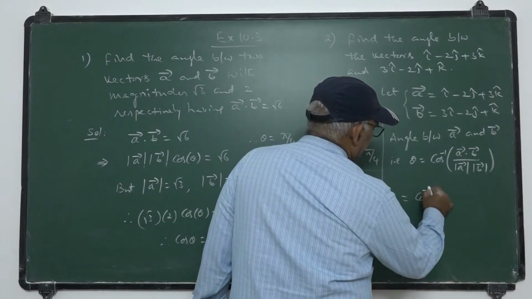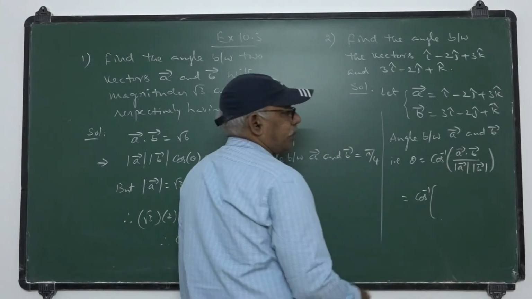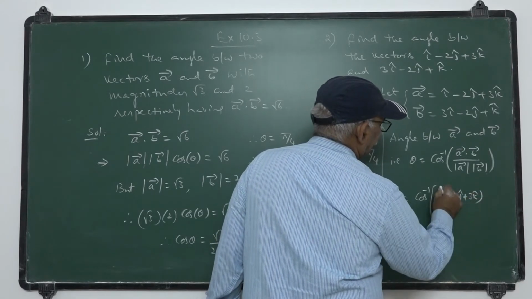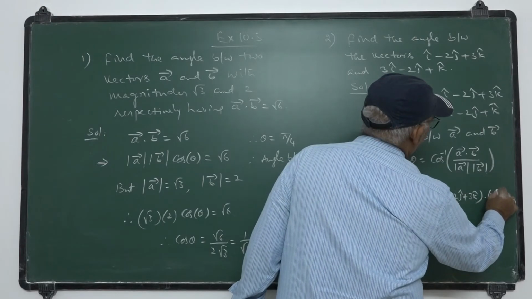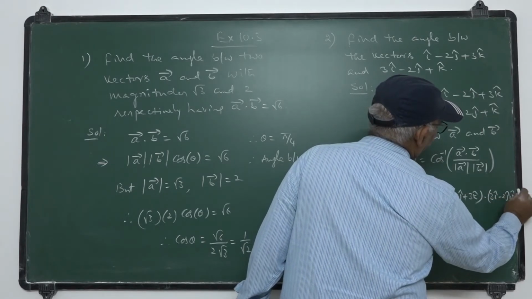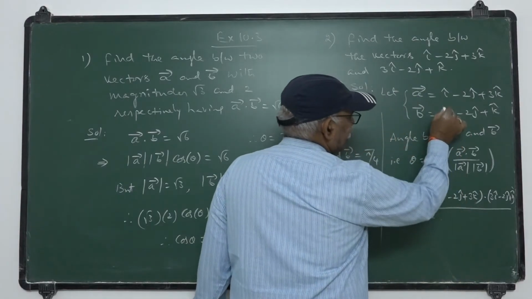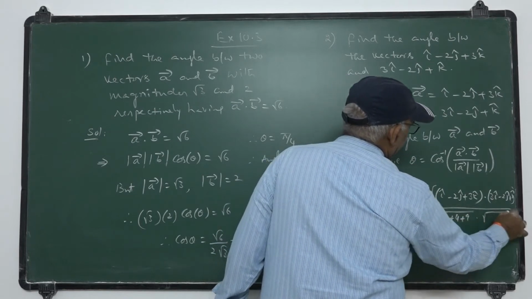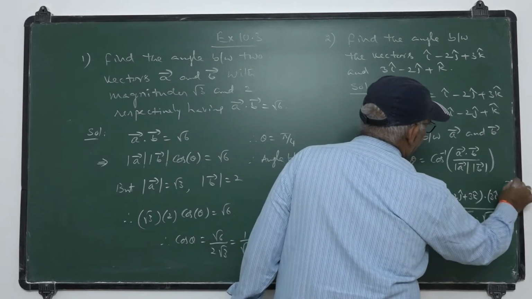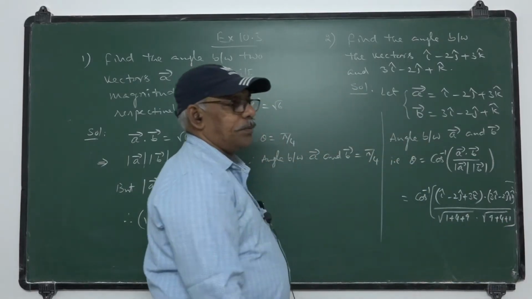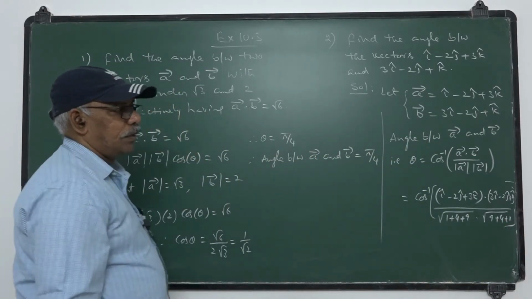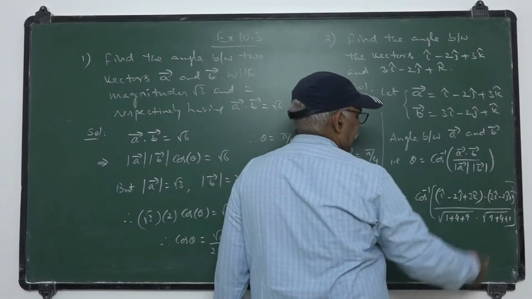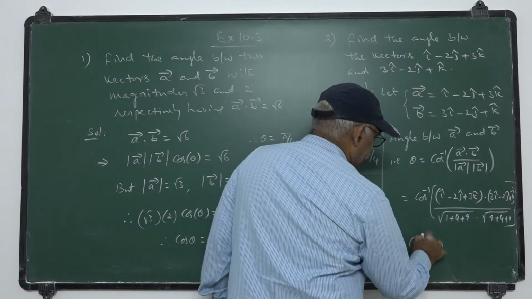That is cos inverse of A bar dot B bar, that is i minus 2j plus 3k dot 3i minus 2j plus k, divided by the magnitudes of these two vectors: square root of 1 plus 4 plus 9 into square root of 9 plus 4 plus 1. The magnitude of a vector is the square root of the i component squared, j component squared, k component squared.